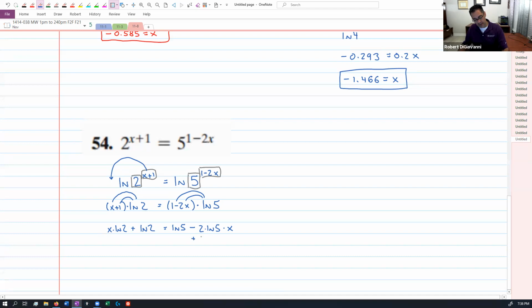So I'm going to add 2 natural log 5 x over here, and I have to add it over here. Then I'm going to subtract natural log 2 here and subtract natural log 2 here, so that goes away, that goes away. What I'm doing is basically solving a linear equation now. I'm going to write natural log of 2 x equals natural log 5 minus natural log 2.